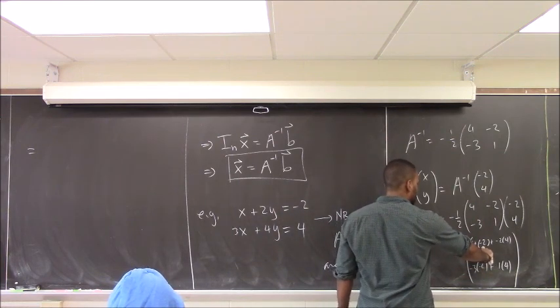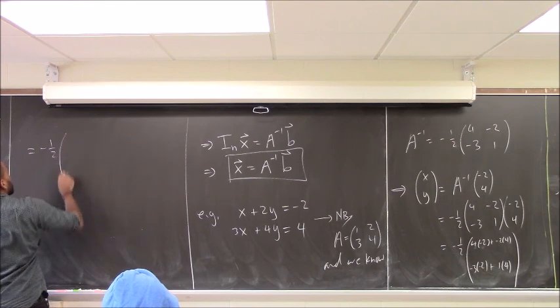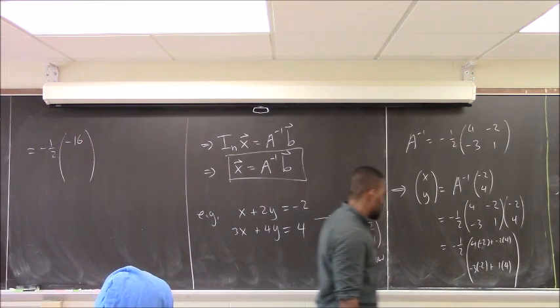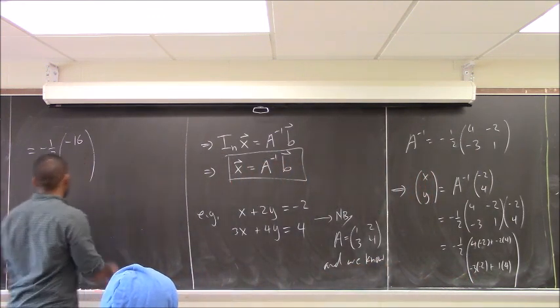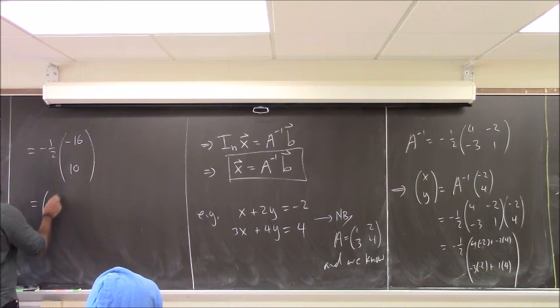Minus 8, minus 8, minus 16. And that's going to be a plus 6 plus 4. It's going to be 10. And so we have 8 comma minus 5 is xy.